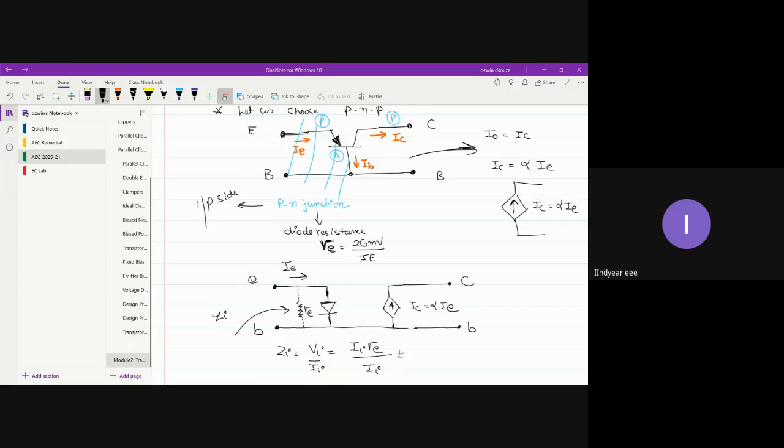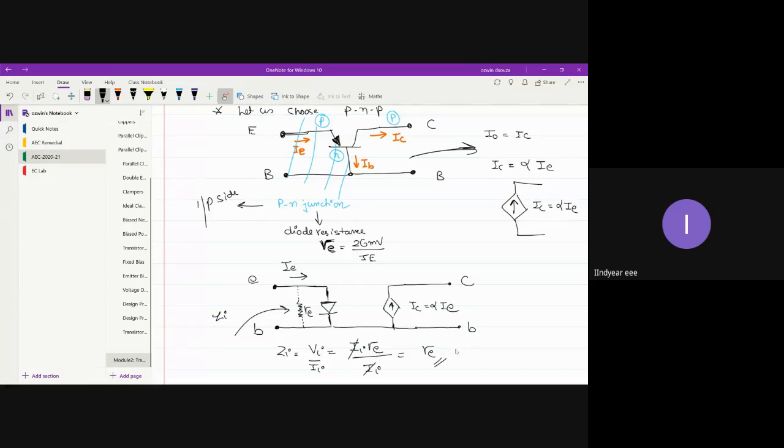But in your common base configuration, if you observe closely, your input current is emitter current, and the same emitter current flows through the diode as well, because it basically follows the emitter to base junction diode resistance. So basically, II gets cancelled and your ZI becomes RE.